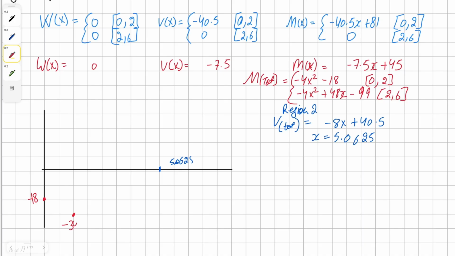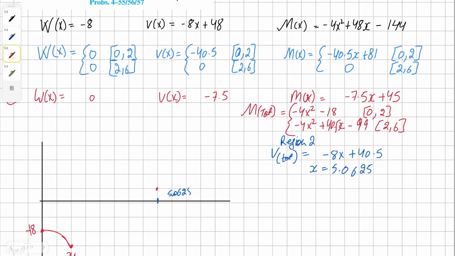At 2, the curve is concaving downwards. And then from here, we're going to plug the 5.0625 into our second region equation, and we should get our maximum moment. This comes up to be positive 3.516. The curve is going to concave downwards again, and at a mark of 6, it's going to come down to 0.